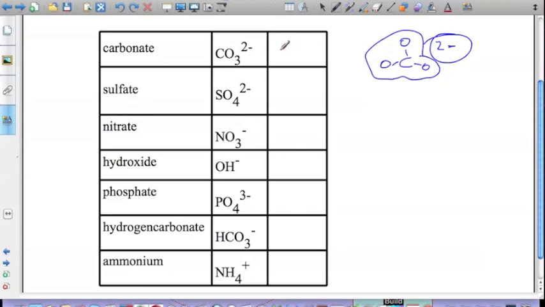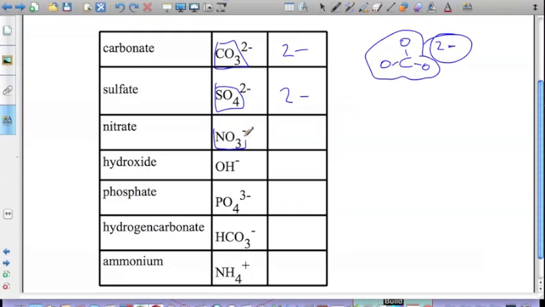So the whole thing has a valency or charge of 2 minus or minus 2, not 3 or 6 or 8 minus or anything like that. You never ever interrupt these guys. They stay together always. So for sulfate, it's SO4. They stick together, but the overall charge is minus 2.